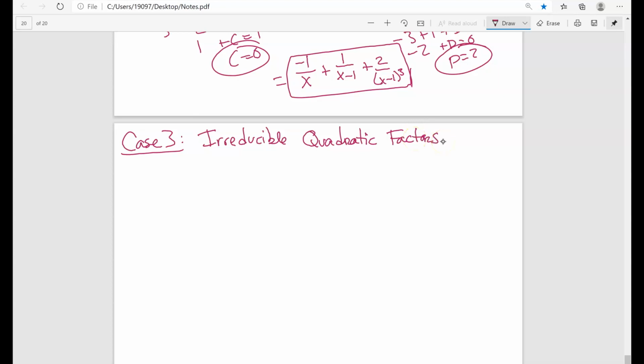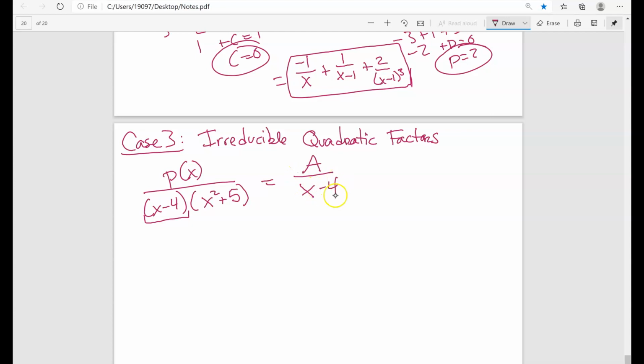Okay, so when we talk about that, what we're saying is that if you have this polynomial, let me just give you an example. Let's say you had an x minus 4, which is a linear factor, and then you had something that cannot be factored like this. Okay, so this linear factor stays the same, a over x minus 4.